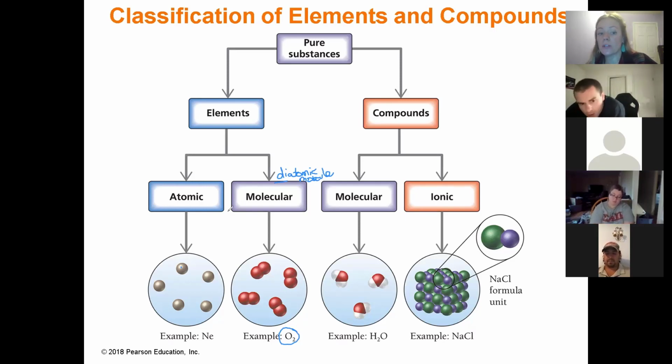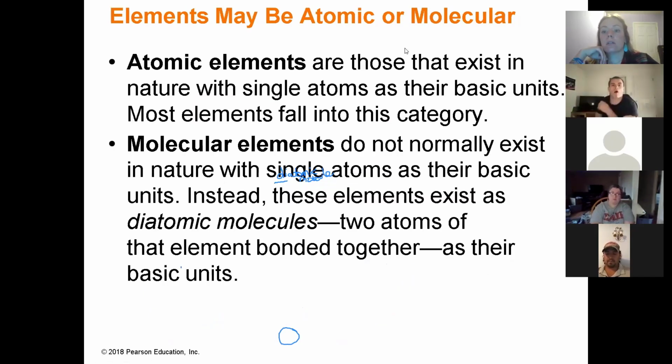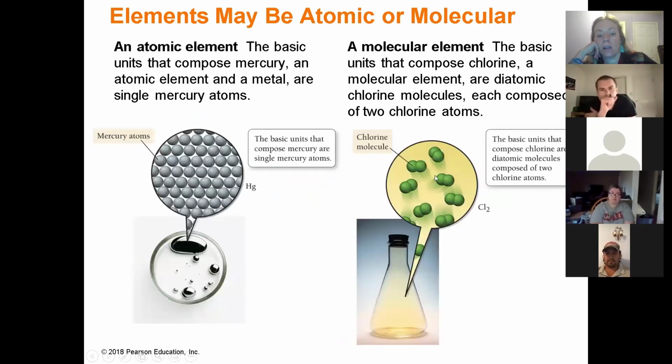So how do you know which ones create a diatomic molecule and are molecular and which ones are atomic? You memorize it, or you give yourself some notes on your formula sheet. Mercury is an example of an atomic element. The base unit is single mercury atoms.